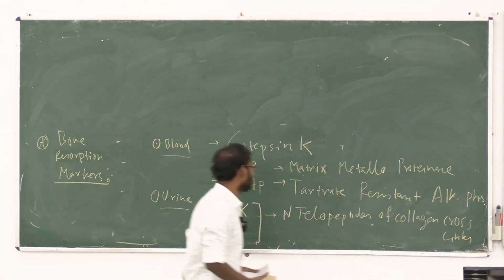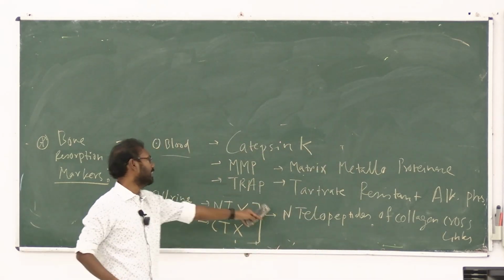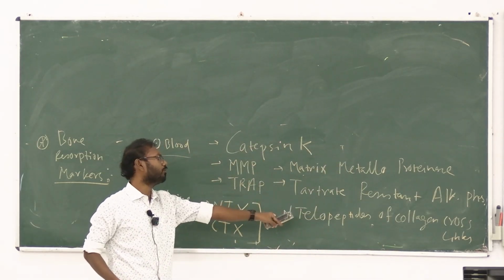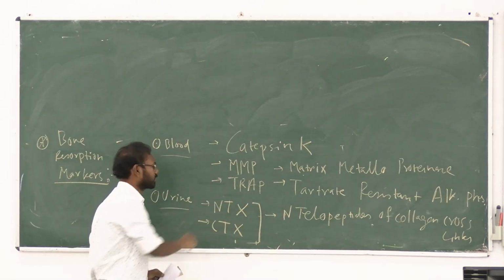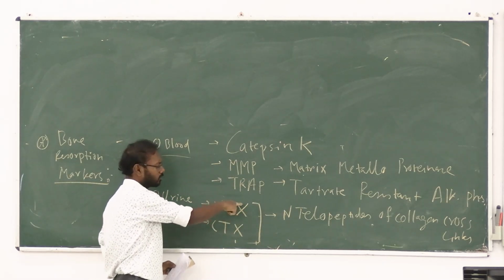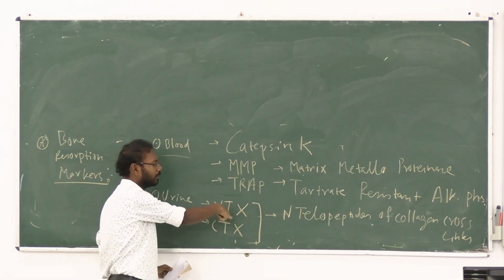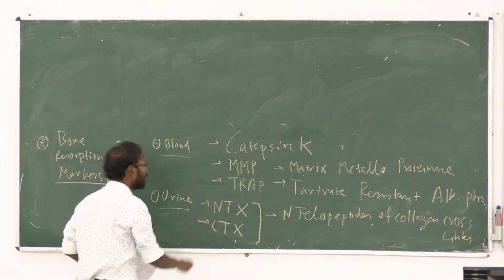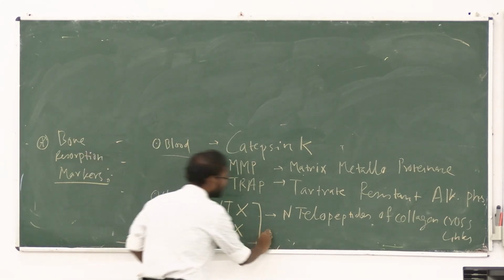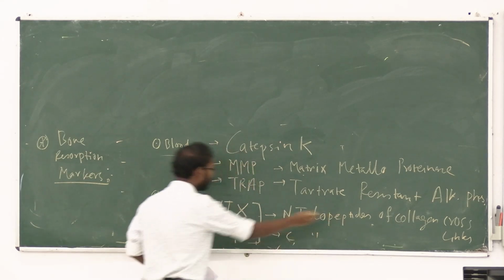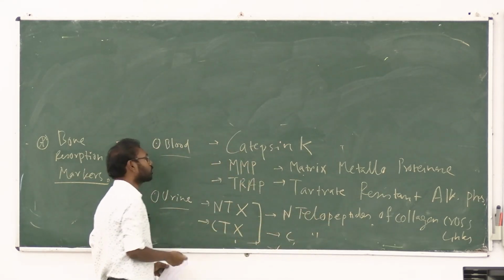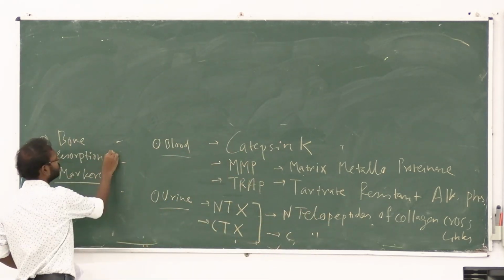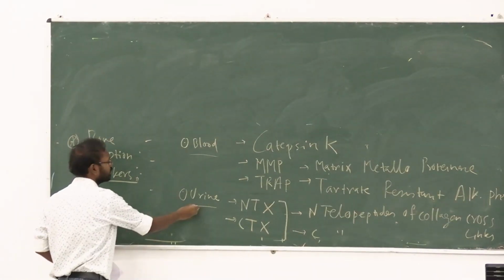So write down: NTX means N telopeptides of collagen crosslinks. X is for crosslinks, they have named it X here. So N telopeptides of collagen crosslinks, and C is the same, C telopeptides of collagen crosslinks. So these two are bone resorption markers found in urine.